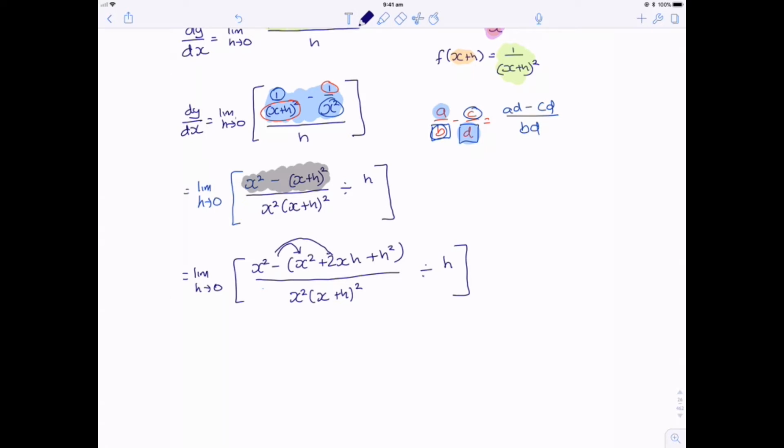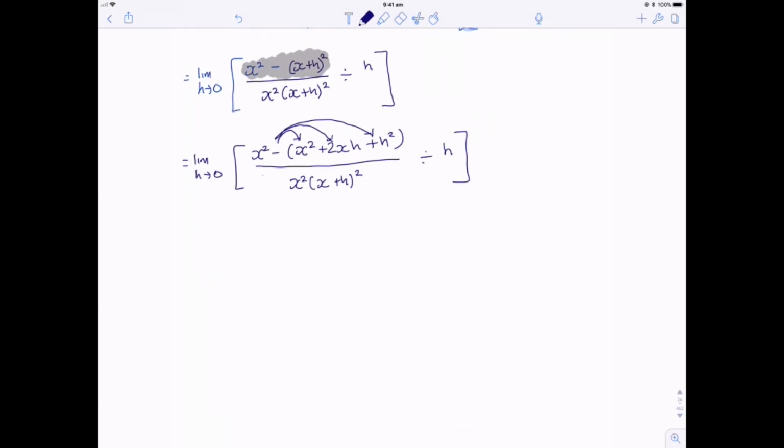Now we're going to multiply this negative out by all of these, and so our derivative as h approaches 0 is x squared minus x squared minus 2xh minus h squared, all on x squared times x plus h squared divided by h.